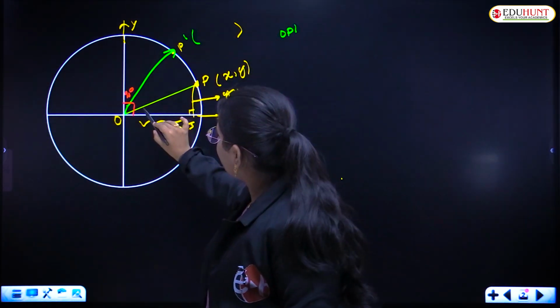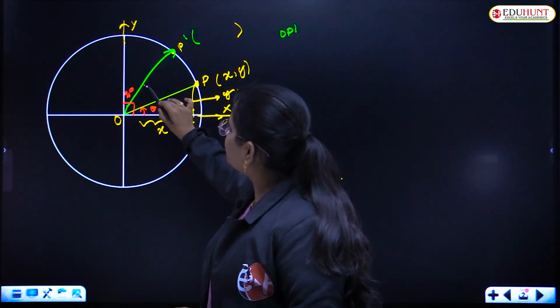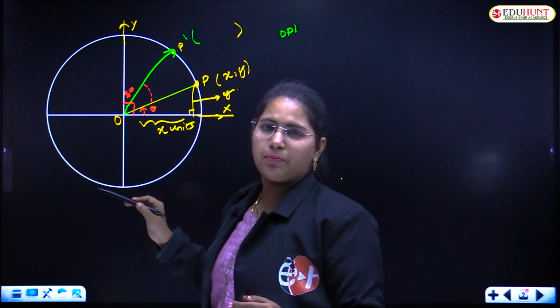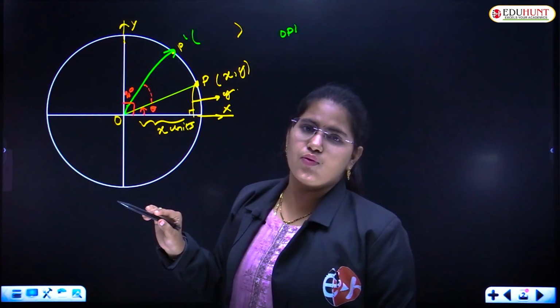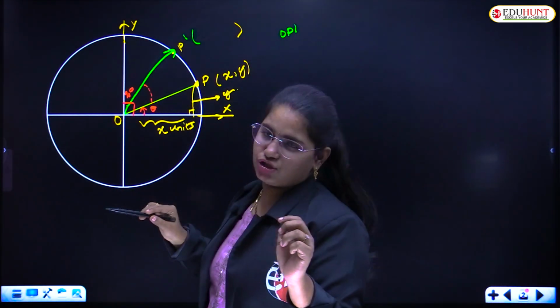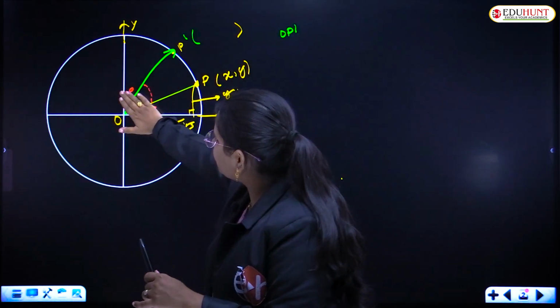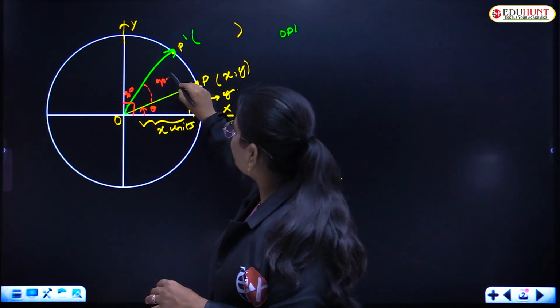And what is the angle from O to P, which is theta? Then what must be the angle of this part? From here to here is a 90 degree perpendicular. The OP ray makes theta angle. What is the angle made with OP dash? If the total is 90, subtract theta from 90. So you will get this part, which is 90 minus theta.